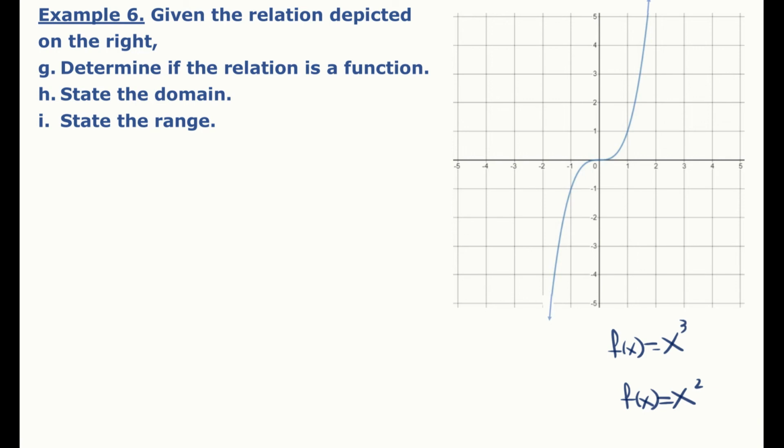What is the domain? Now remember, you're going to sit in some spaceship and from each point you're going to shoot a red dot at the x-axis where it comes from, and you're going to shoot a green dot at the y-axis where the point comes from.